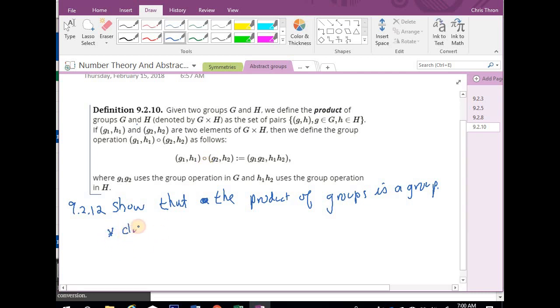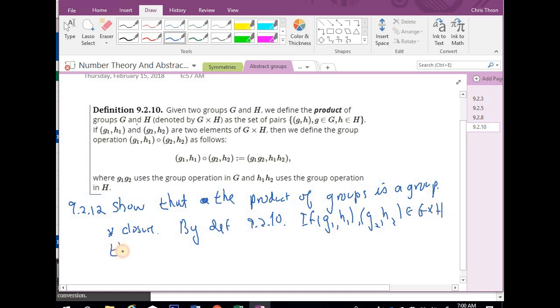You can just say it like this, closure. You can say by definition 9.2.10, if (g1, h1) and (g2, h2) are elements of G cross H, then (g1, h1) circle (g2, h2) is also an element of G cross H. You can see right here, this is what the definition says.